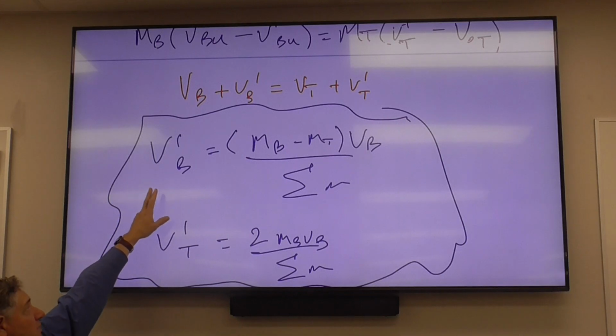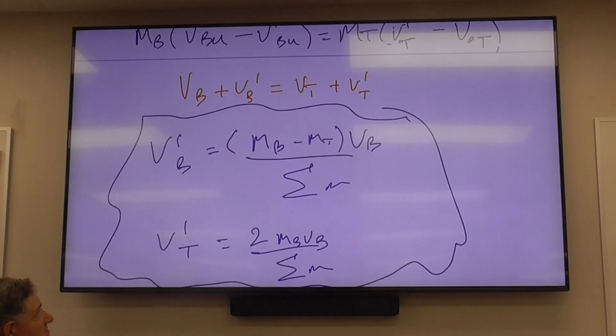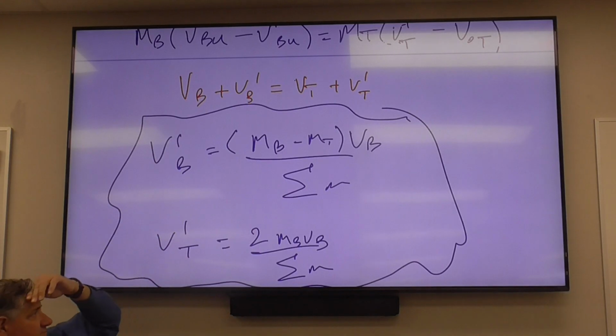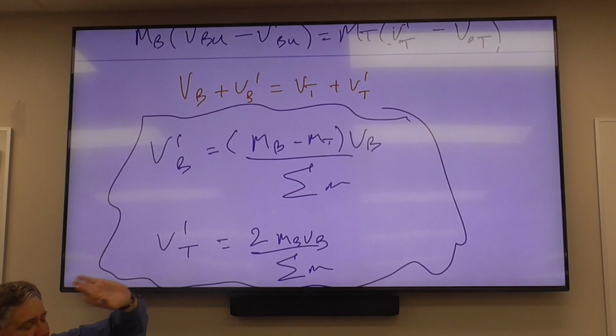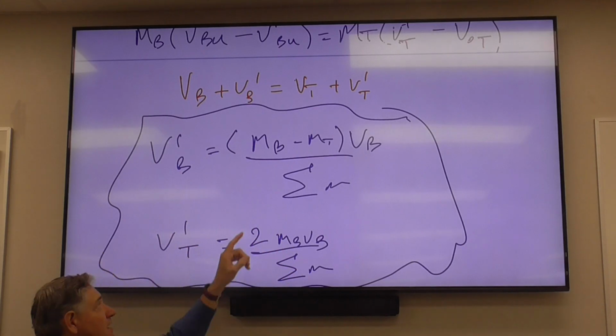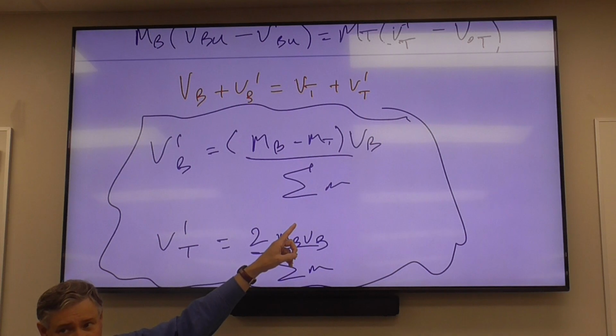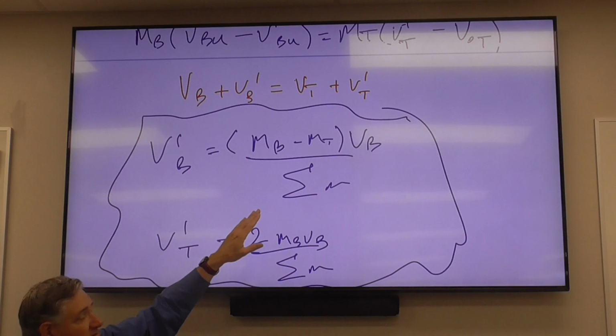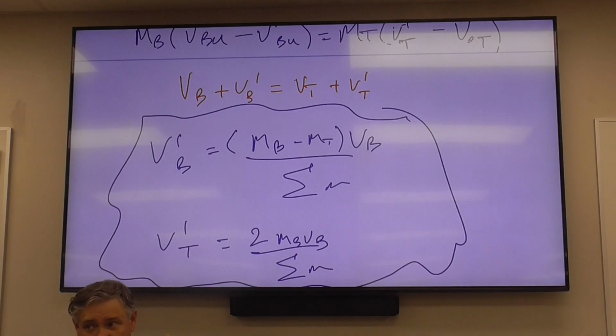Now, this other one up here, let's talk about this. So this is the new velocity of the bullet after the collision. So there's three scenarios that you can have. You can have a big bullet and a small target. You could have the mass of the bullet and the mass of the target being the same value.